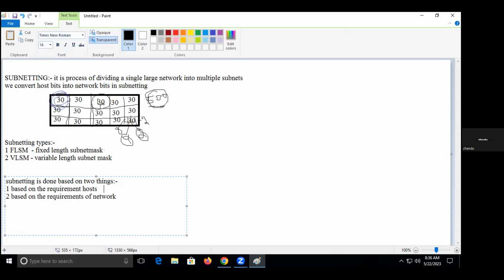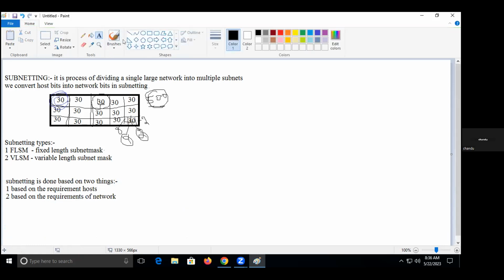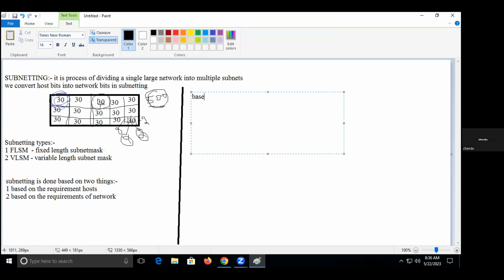So when you see the requirements of host, we have some formulas to be calculated today, class. Based on the requirements of host, the formula is 2 power h minus 2 is greater than or equal to the requirements of host.